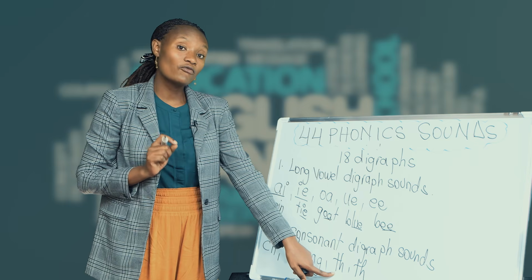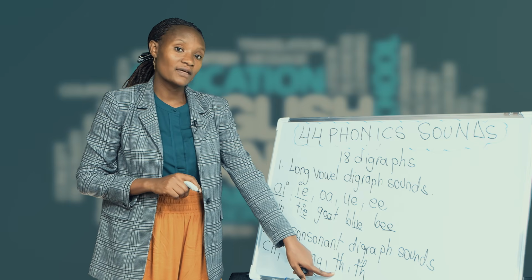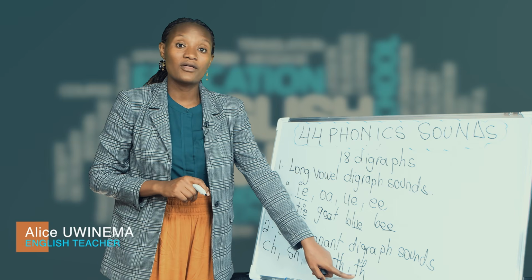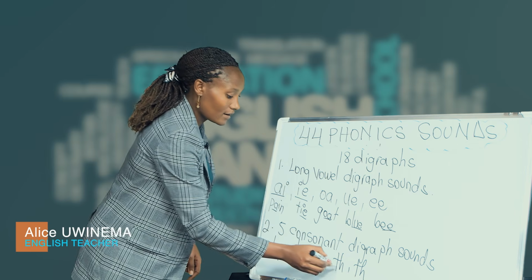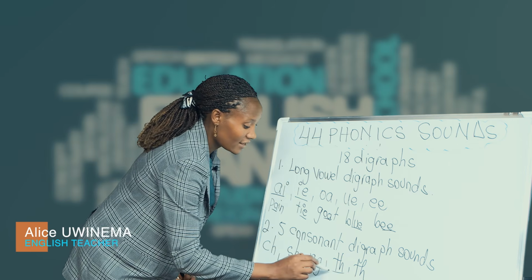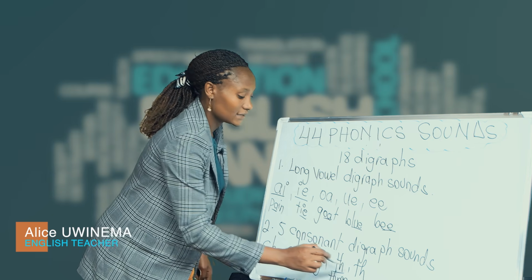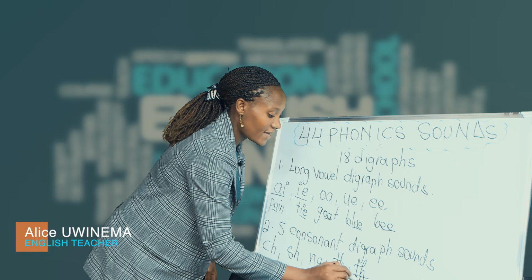We have voiceless th and voiced th. Here we have words like three, while here we have words like they.